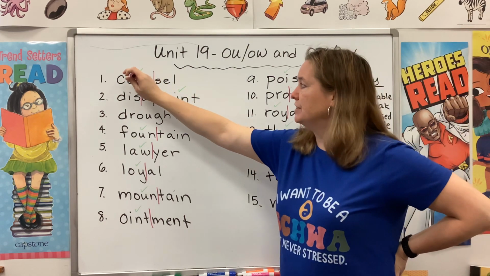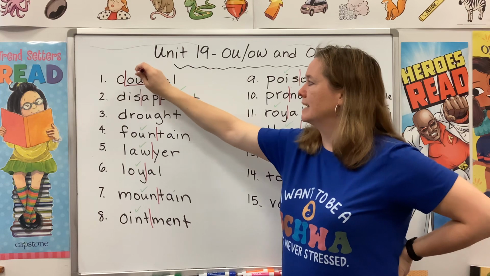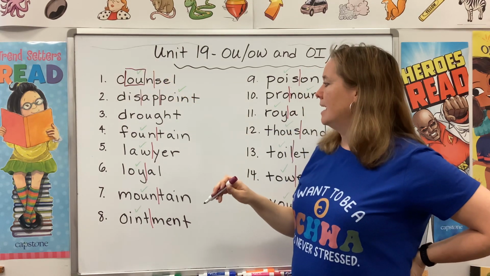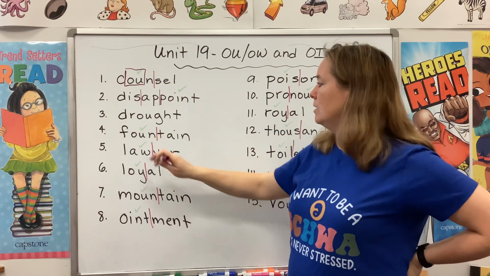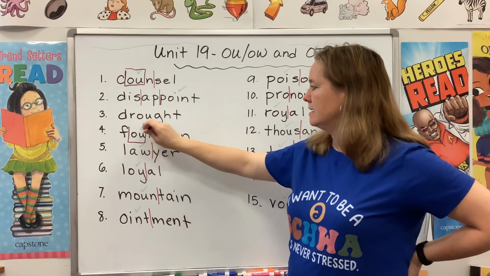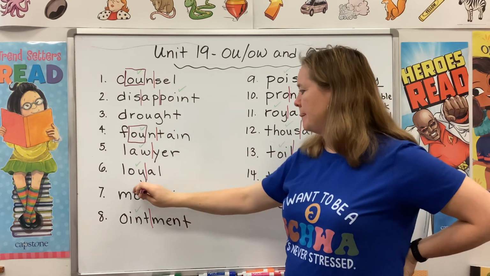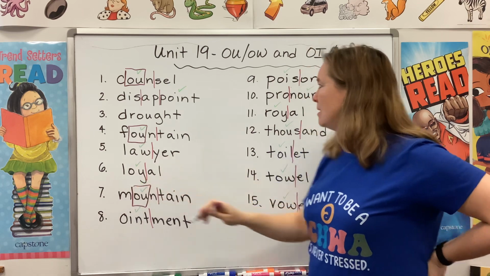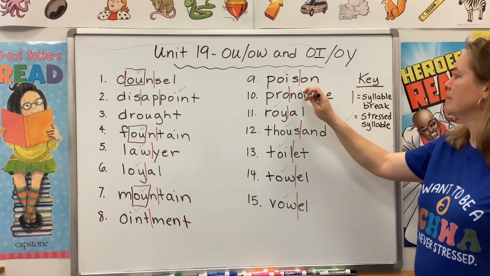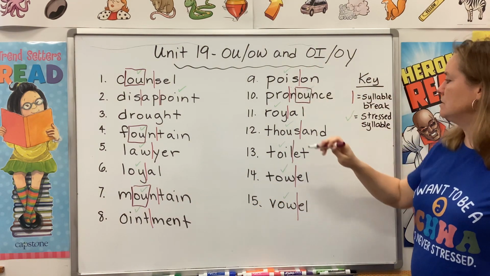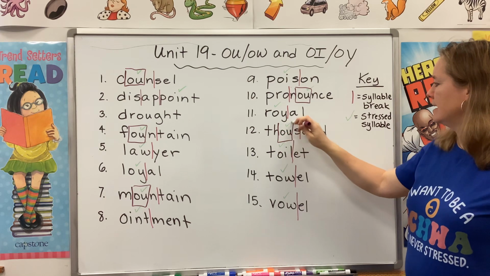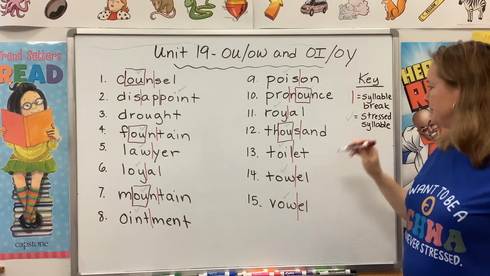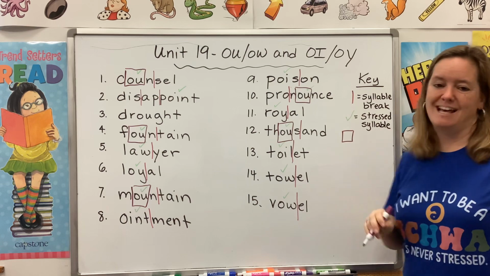So we see it first in the word counsel. I'm going to skip this for now. We see it in fountain, mountain, pronounce, thousand, and that's it.